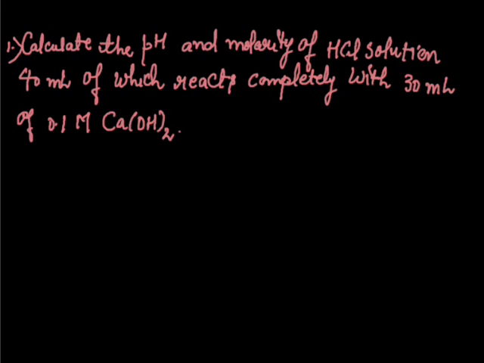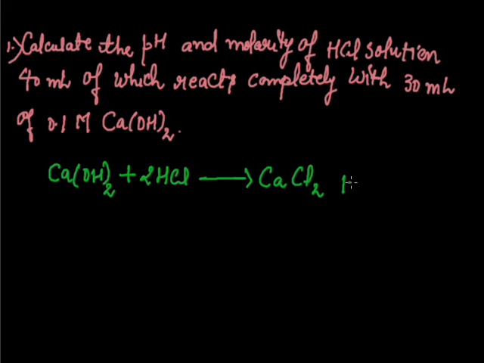The molarity and the volume of the Ca(OH)2 are given, which reacts with 40 ml of HCl solution. We have to calculate the pH and the molarity of the HCl solution. First of all, we'll write the reaction between the base and the acid: Ca(OH)2 reacts with 2 HCl to give CaCl2 plus 2 H2O.